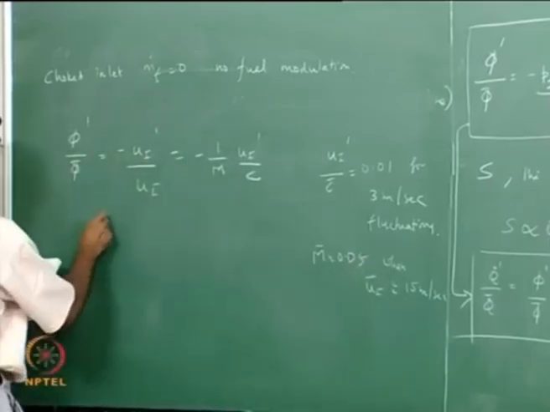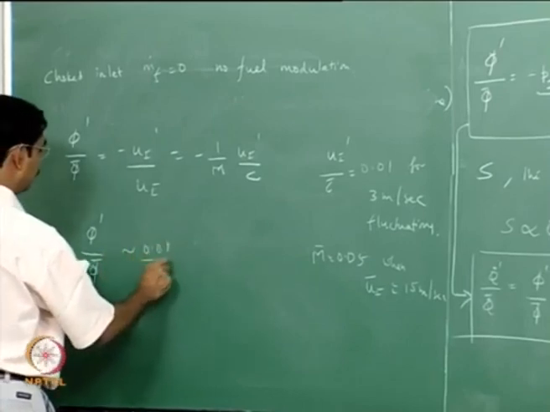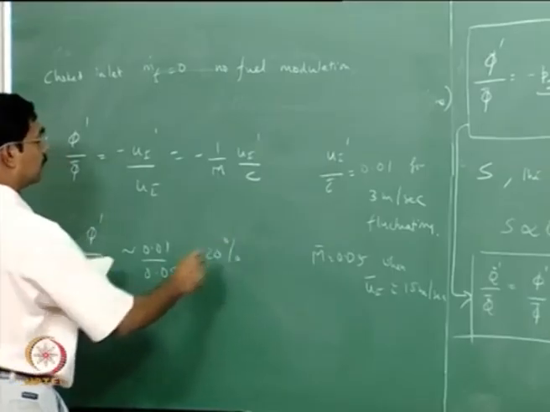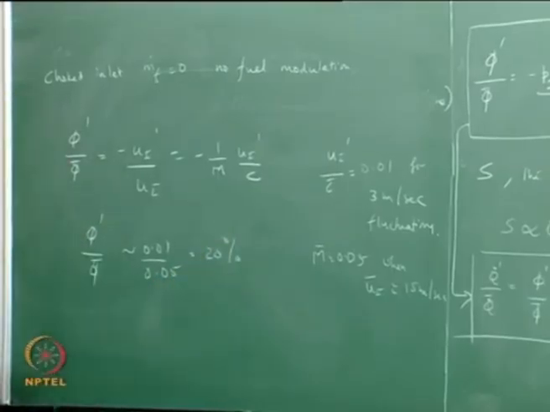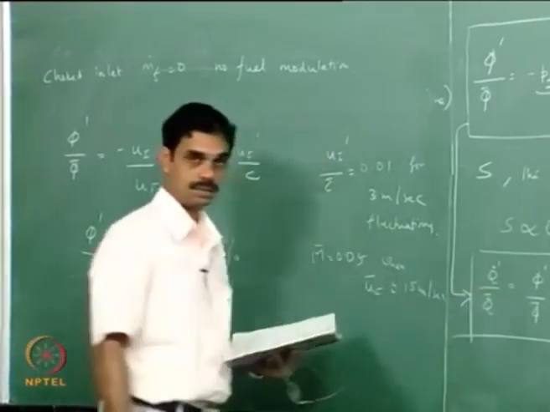So phi prime by phi bar is of the order of 0.01 by 0.05, which is like 20%. So you can have substantial phi prime by phi bar, and that can lead to substantial heat release oscillations.